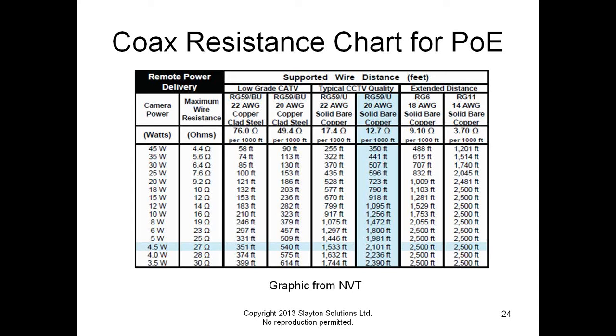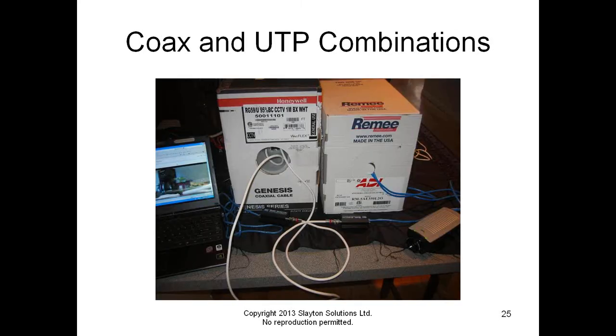Even a pan, tilt, and zoom camera, a modern one that is indoors, no heater and blower, will probably draw 5 or 6 watts of maximum power. So we have sufficient power at 8 watts to do a pan, tilt, and zoom camera indoors, and we can do it for 925 feet of distance by doing this test, reading the resistance, and then looking at the chart.